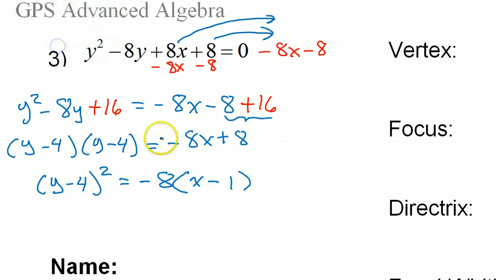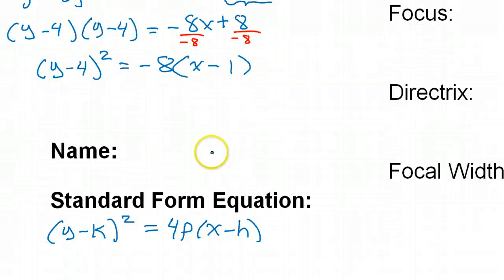Again, if you have any confusion about that, understand that when we factor something out, we are dividing. So I'm dividing by negative 8, and you can see positive 8 divided by negative 8 is negative 1. So look guys, this is standard form. Oh, by the way, I forgot to write it down, parabola.